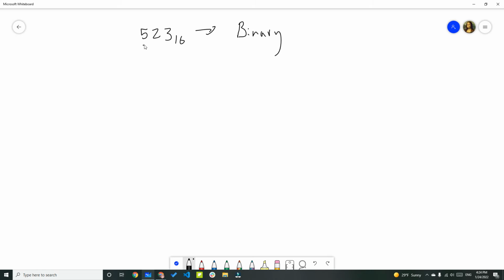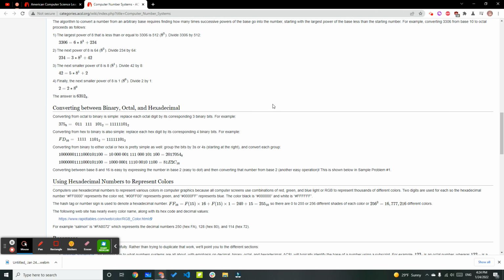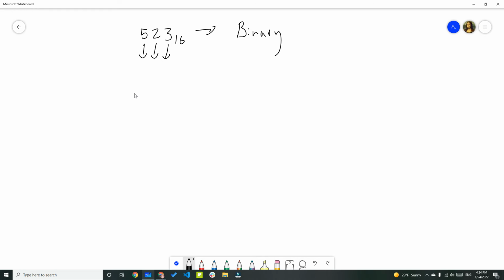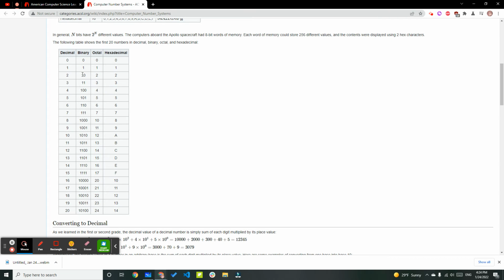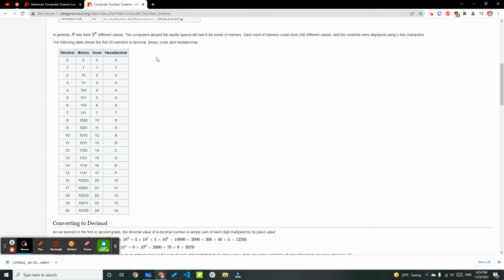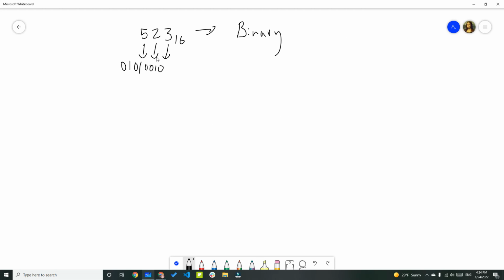Like the problem says, you take each of their binary. 5 would be 101, but it needs 4 binary digits, so you add a 0 at the front. 2 is 10, so you add 2 zeros, and 3 is 11, so you add 2 zeros, and that is your answer.